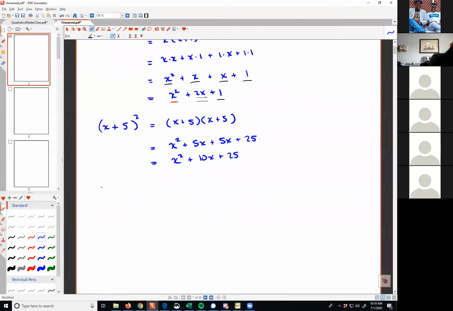Okay, how about x minus 7 squared? Manvindra? Yes, please. Okay, this would be x squared. Wait, I'm trying to calculate it using the formula. So x squared minus.